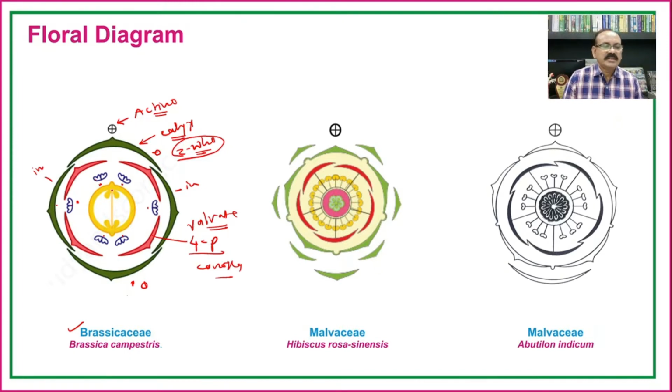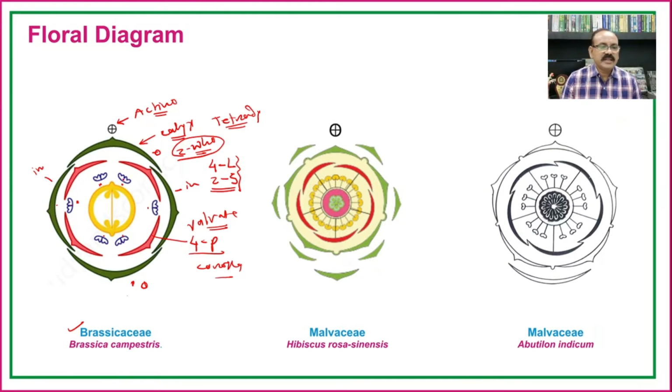So it is considered that here the length of the filament is longer for the 4 stamens, that is 4 stamens are long and 2 stamens are short. Such type of condition is known as tetradynamous condition. So this is again very well shown in the floral diagram.